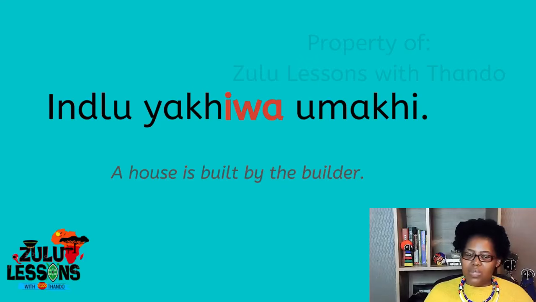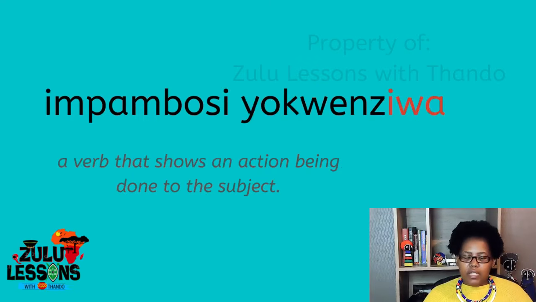So the house is being built or is built by the builder. These derivatives, though, have a little bit more detail to them, which we won't cover in this lesson. But you must just know that when we add wa and iwa, we are now saying that something or an action is being done to the subject of that sentence.